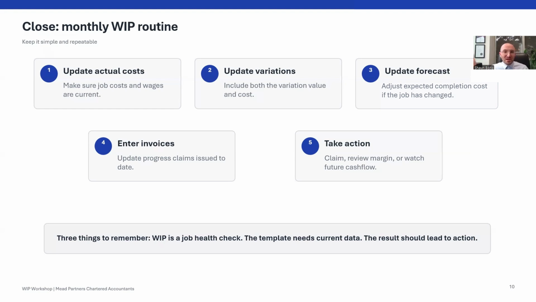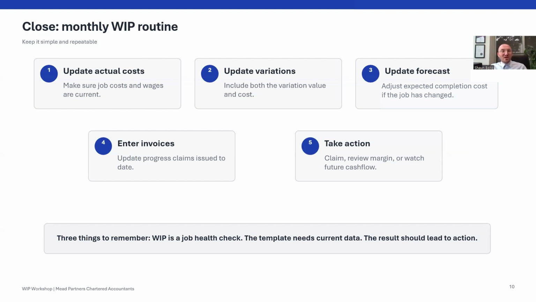Is positive WIP good? Again, similar to negative WIP, it depends, right? So positive WIP means that the builder is cash flowing the job. So if you've got the capital and the means to do so, then by all means. But obviously, positive WIP means we're also outlaying the funds before we receive them. So positive WIP generally sounds better, but it also carries risk, right?